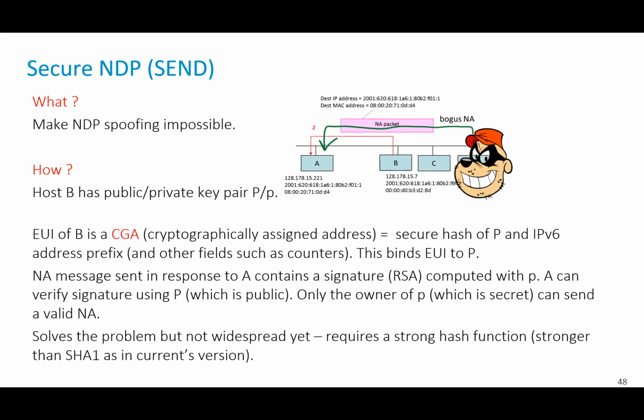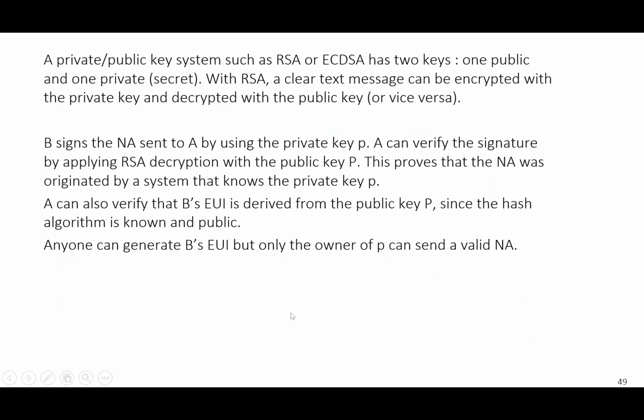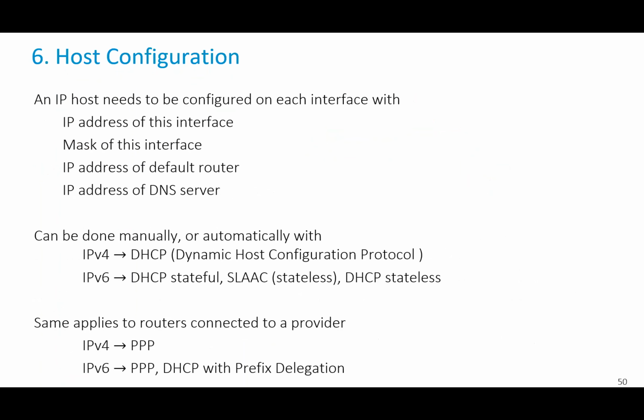Of course, the bad guy can still infect your computer and steal your private key. So this is a solution. It's not widespread yet, but some systems start to derive this. Voila, that's what we saw about MAC addresses and how they interfere with the IP addresses.